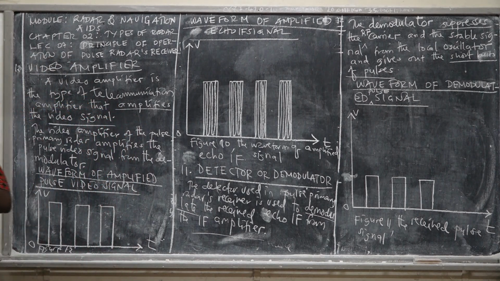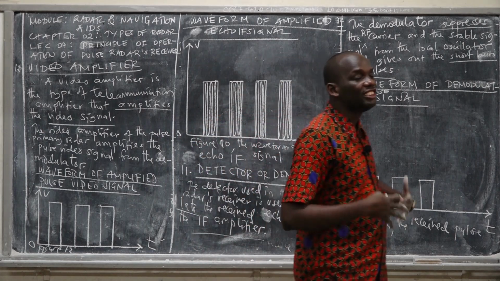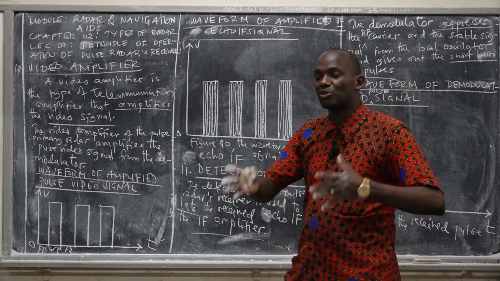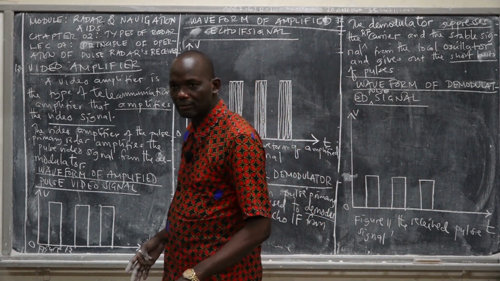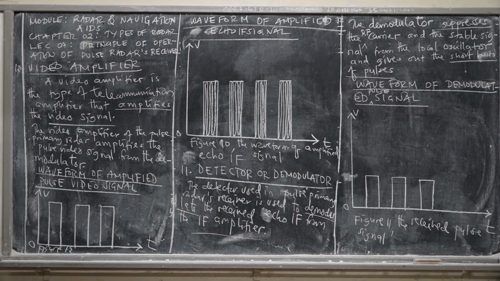If the received signal has the same characteristics as the transmitted signal, then the threshold detection will allow it to pass towards the display. If it is completely different from the one transmitted, then the threshold detection will suppress the pulse video amplified signal.